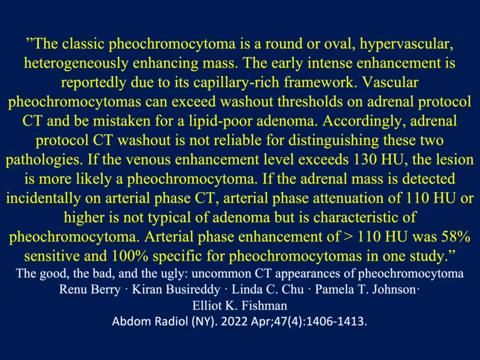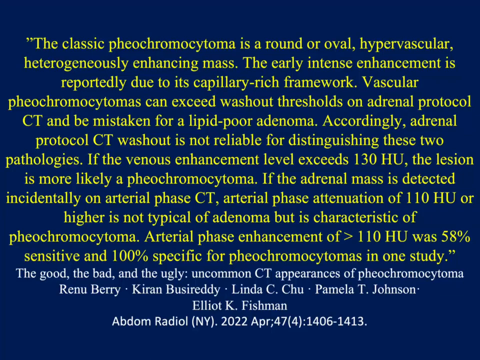The classic Theo is an oval or round, hypervascular, heterogeneously enhancing mass. The early intense enhancement is reportedly due to the capillary-rich framework. We talk about the adrenal protocols, how we look at washout values. In this article, we said if venous enhancement exceeds 130, it's most likely a Theo, unless you had a renal cell and it was a met.